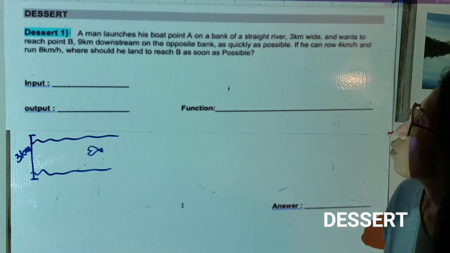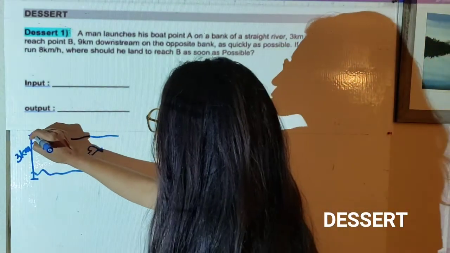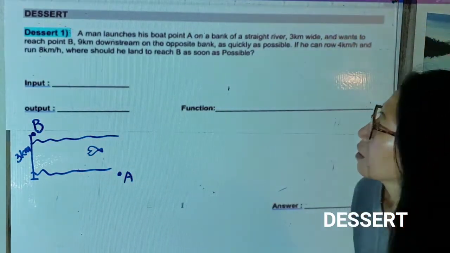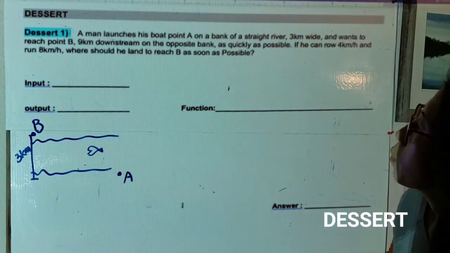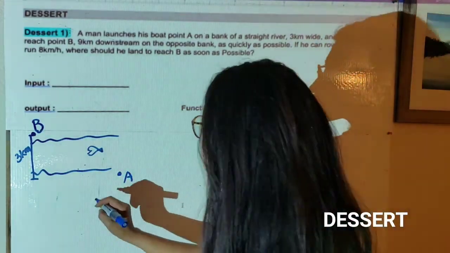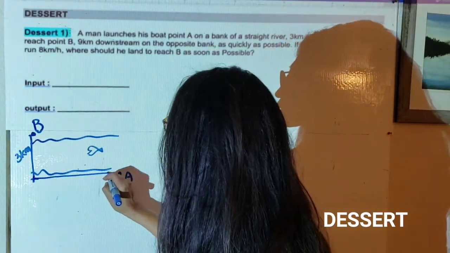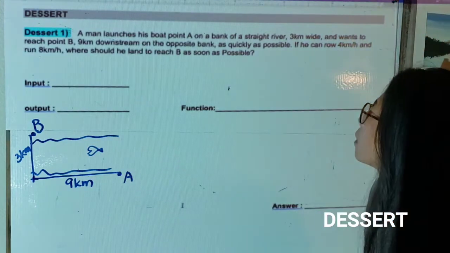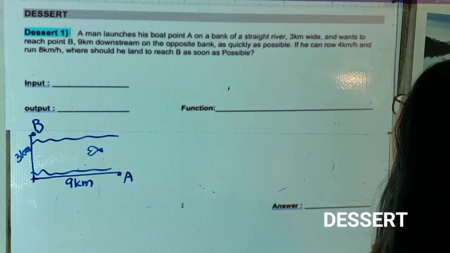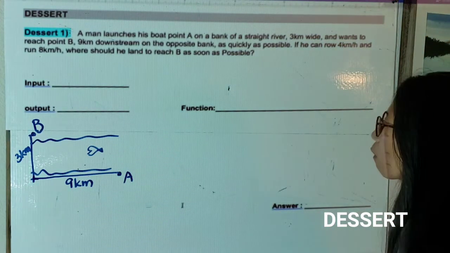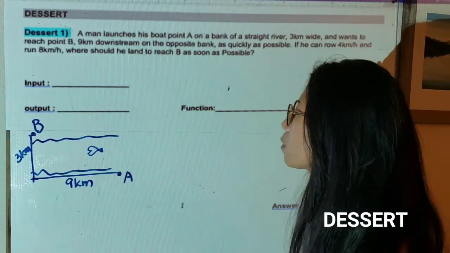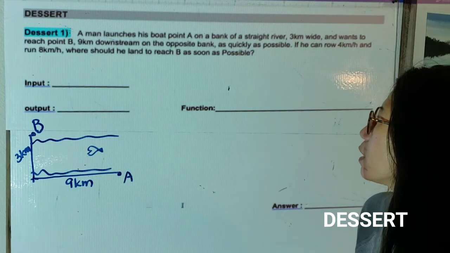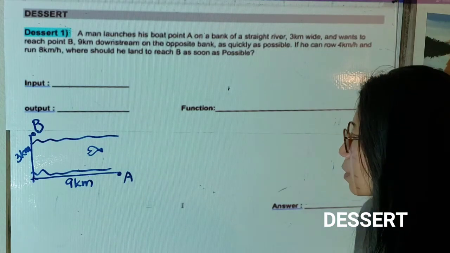He wants to reach point B from point A, and point B is 9 kilometers downstream on the opposite side of the bank, so this length is 9 kilometers. If he can row a boat 4 kilometers per hour, and he can run 8 kilometers per hour, where should he land to reach B as soon as possible?